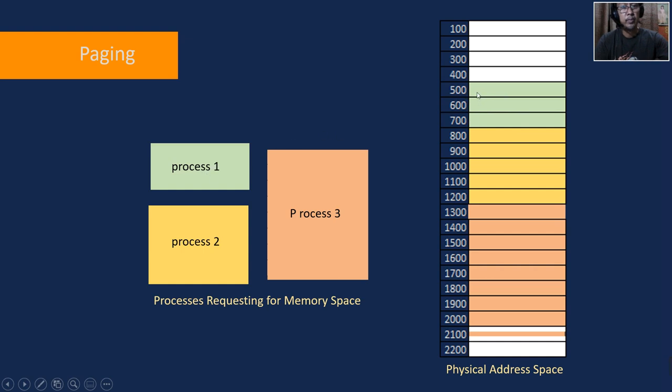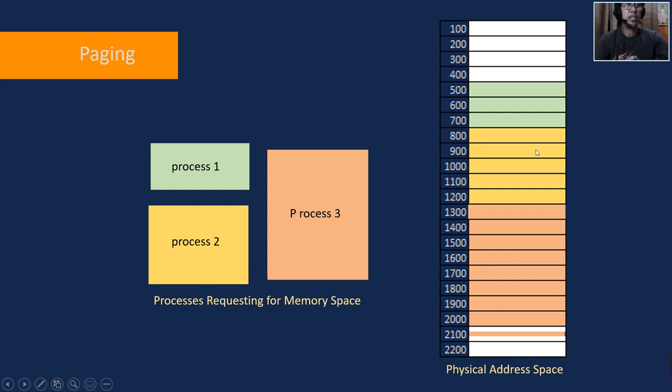Process 1, we assume that it needs to occupy 3 pages, so 500 to 700. Process 2, we just assume that it needs to occupy 1, 2, 3, 4, 5 pages, so it's from 800 to 1200. And process 3 needs to occupy 1, 2, 3, 4, 5, 6, 7, 8 and a certain part of a page. So here, it started with 1300 going down.